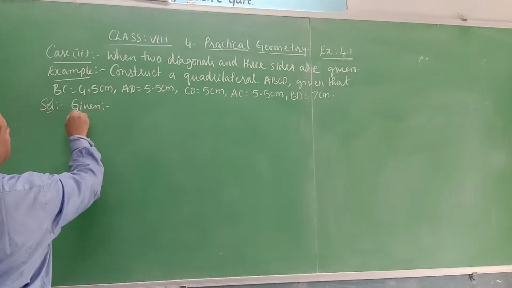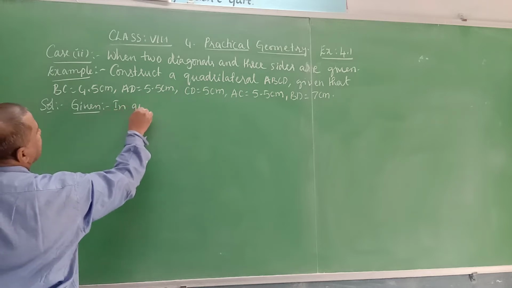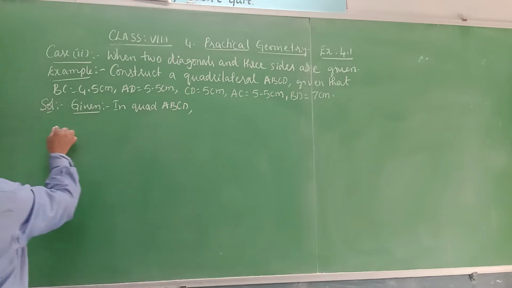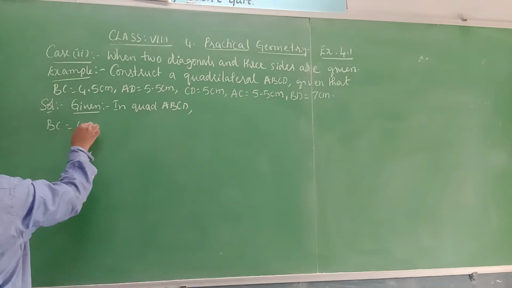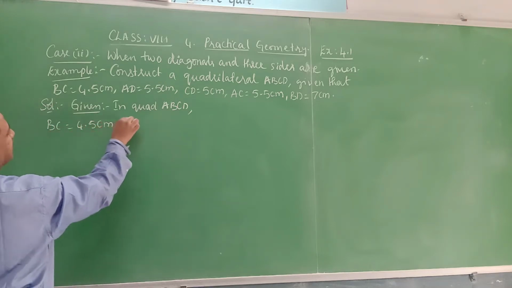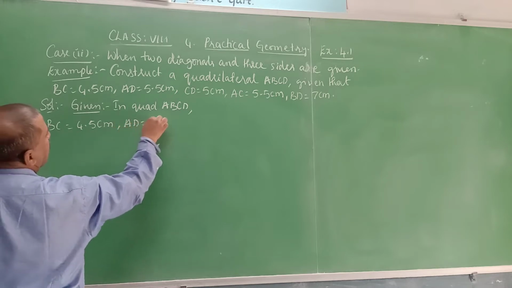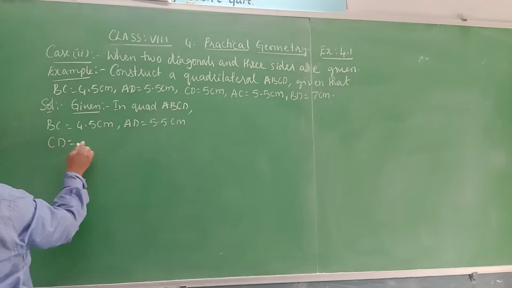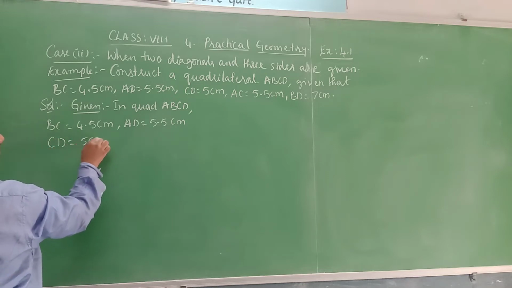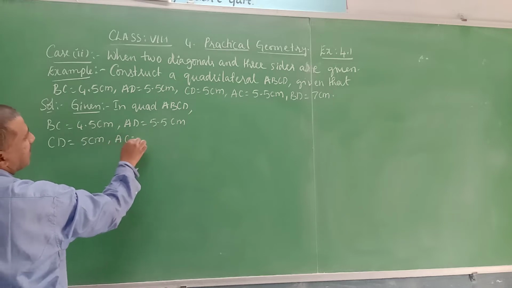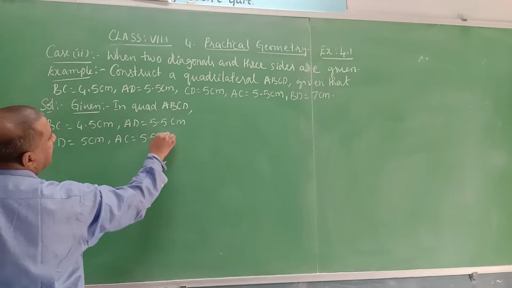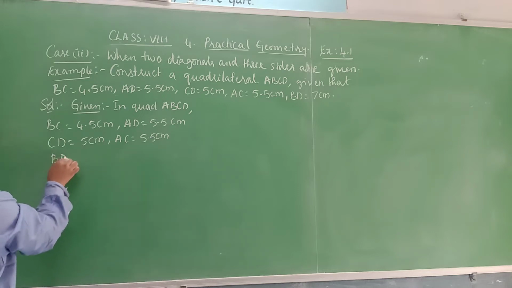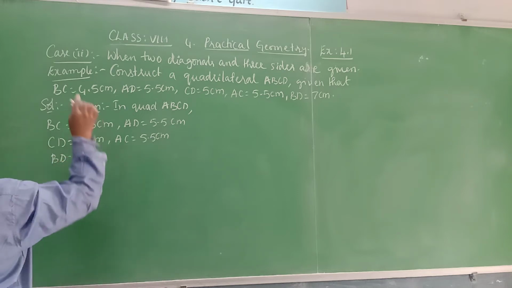Now the given data in quadrilateral ABCD: BC is 4.5 centimeters, AD is 5.5 centimeters, CD is 5 centimeters, AC is 5.5 centimeters and BD is 7 centimeters.